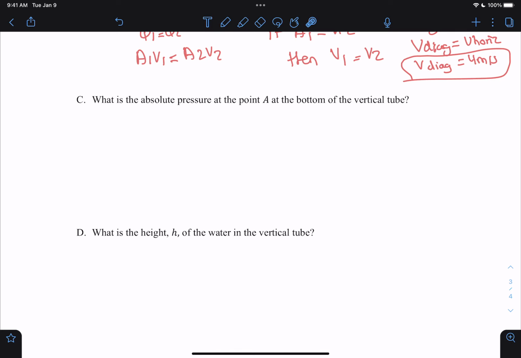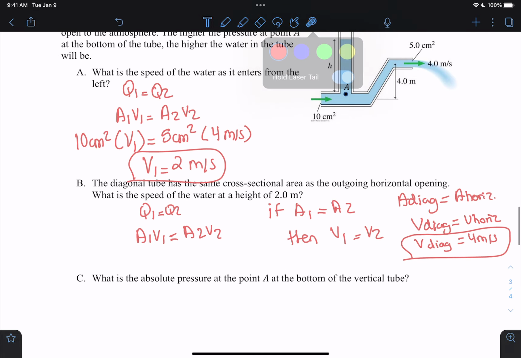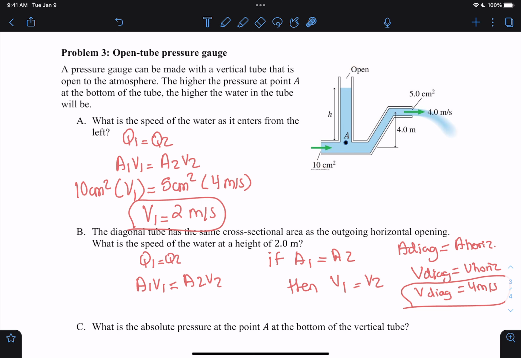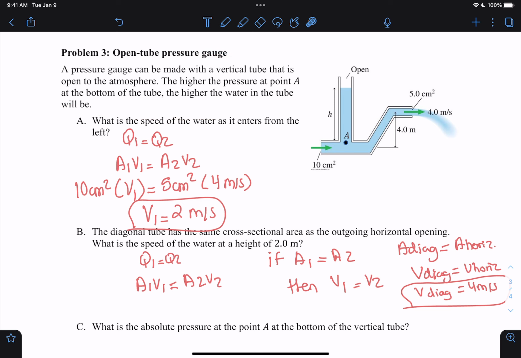So they're wanting to ask us about the absolute pressure at point A. So for the absolute pressure at point A here, keep in mind that we have a fluid here, and make sure that you're keeping in mind the situation.